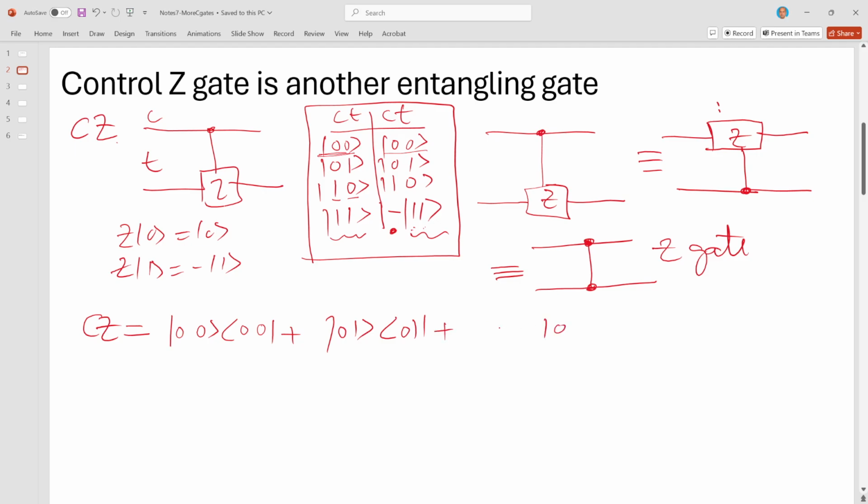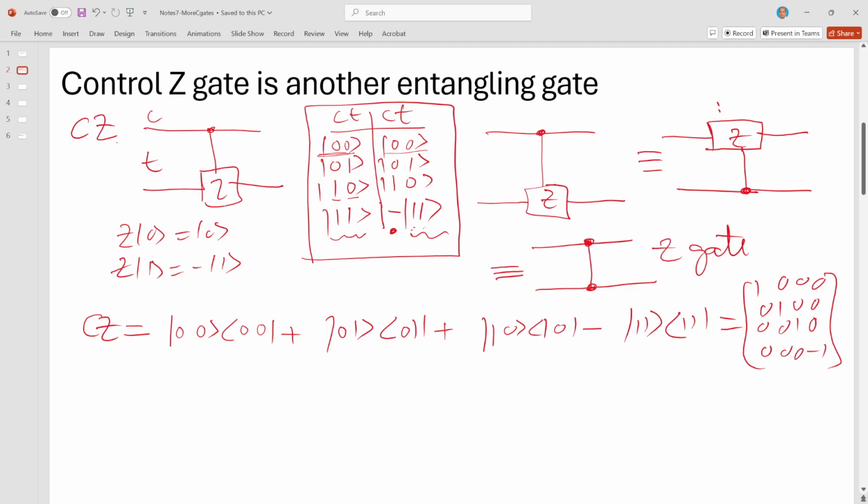And 0 1 goes to 0 1. And 1 1 goes to minus 1 1. And from this, we can actually write its matrix form very easily, that only the diagonal entries are non-zero and all other entries are 0, because we see that there's no cross term appearing in the outer product form.